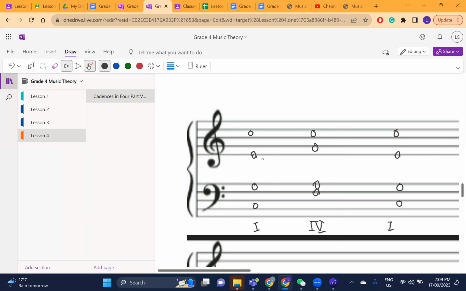So 1 to 4 is a reverse plagal cadence. 4 to 1 is a plagal cadence. So that's a quite simple way to precede a plagal cadence. So the plagal cadence is the 4-1 bit.